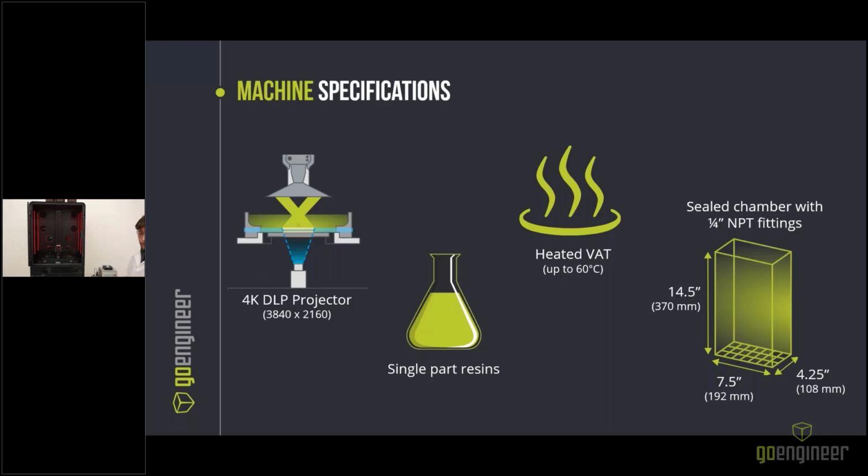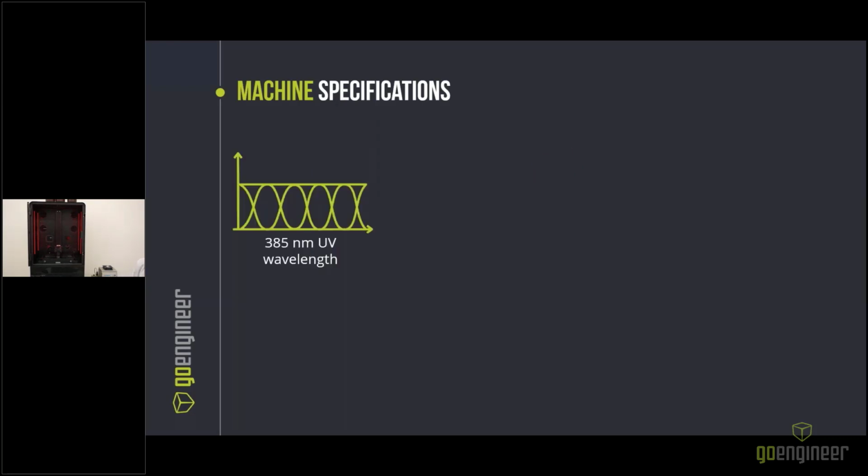The build volume is 4.5 inches by 7.5 by 14.5 in the Z. This is quite a standard size for DLP machines, giving a perfect blend between resolution and part size. The Origin 1 uses a 385 nanometer UV light source to cure the resin.